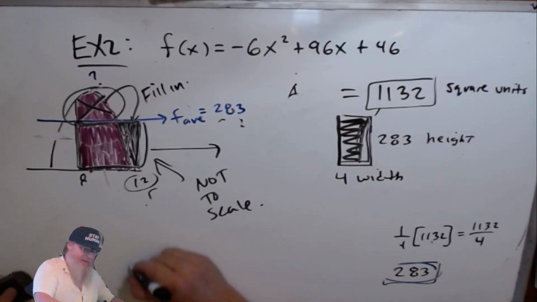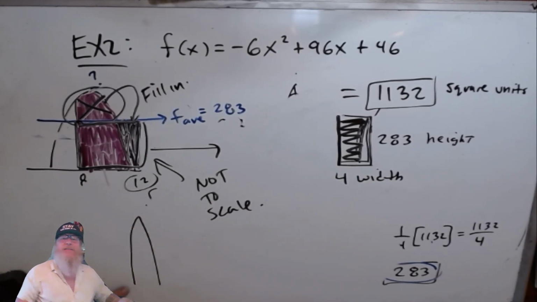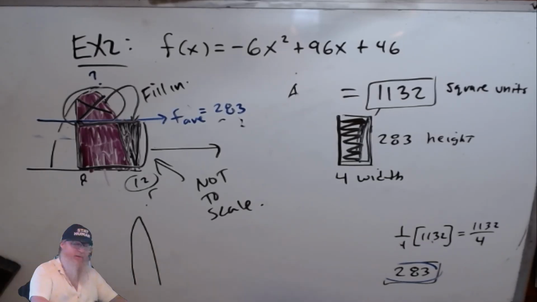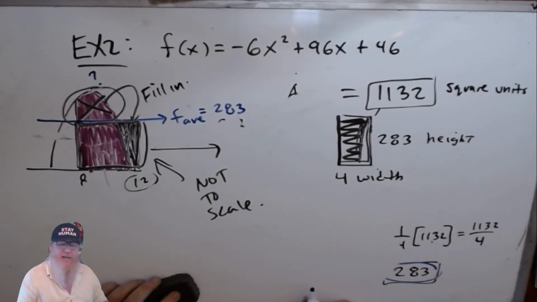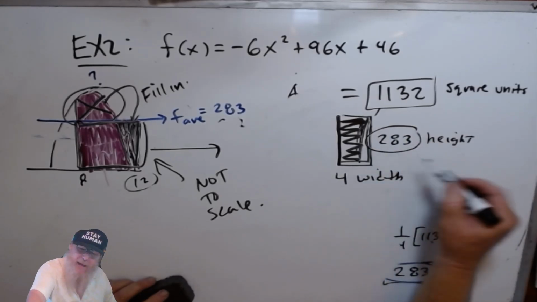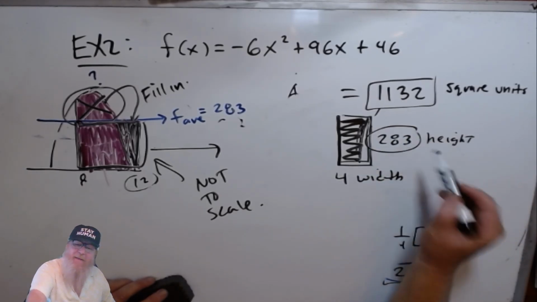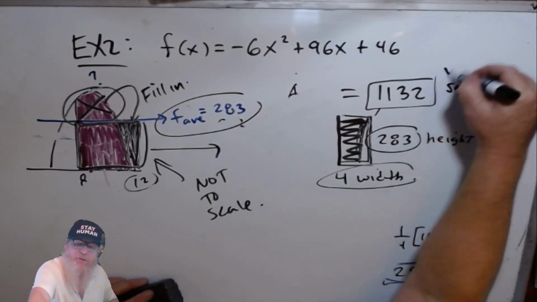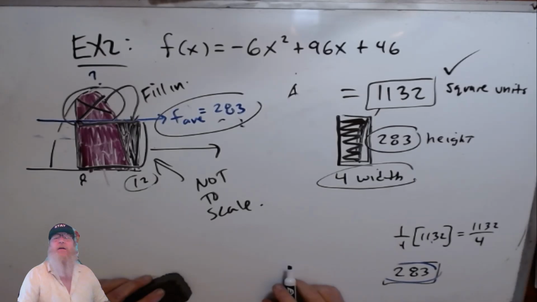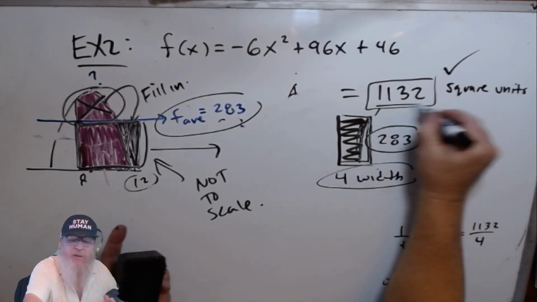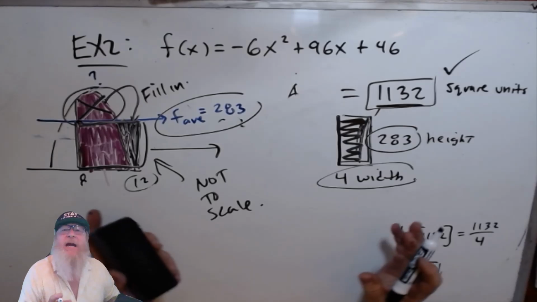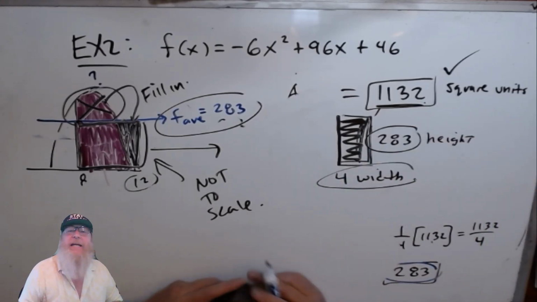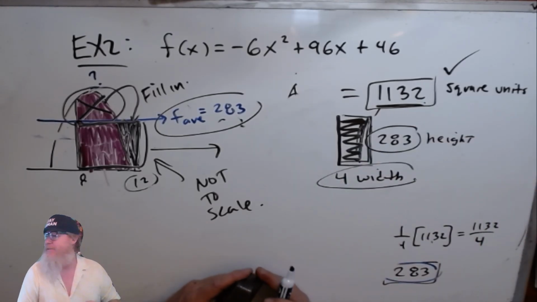In reality, the parabola looks like this. It's like a tall, skinny parabola, but I blew it in my very first sketch. And if you multiplied the average value, which is the height, times the width, you should always get the same as the area, which is why it's always a good idea to pause when you have the area, because that's kind of a way of checking that your final answer makes sense.